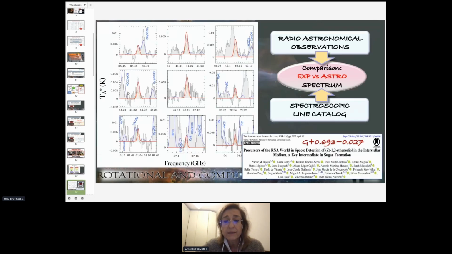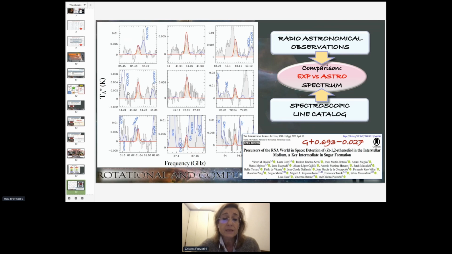Next slide, please. So once we found the perfect conditions, we recorded the spectrum in a large range, and the assignment was interpreted in terms of an effective Hamiltonian, and this led to the setup of the line spectral catalog.